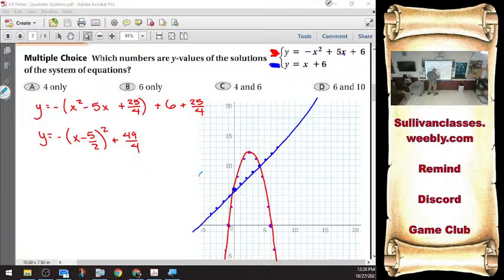It's going to hit right there at 0, 6, and it's going to hit over here at 4, 10. Okay. Do you remember how to graph things?